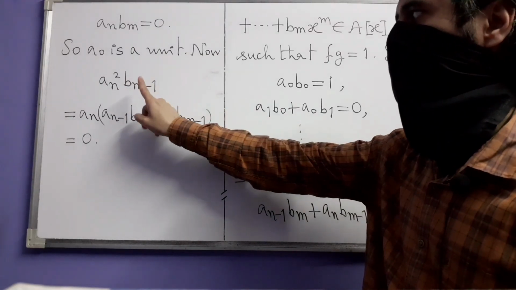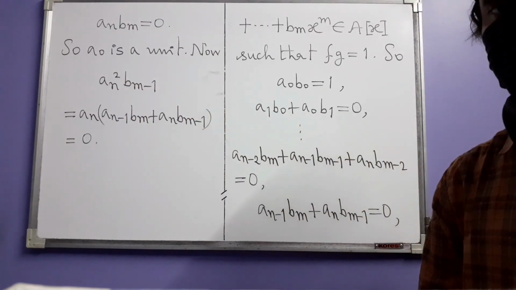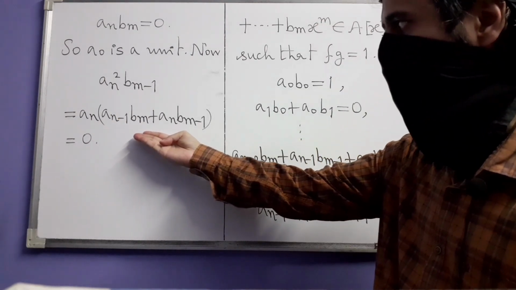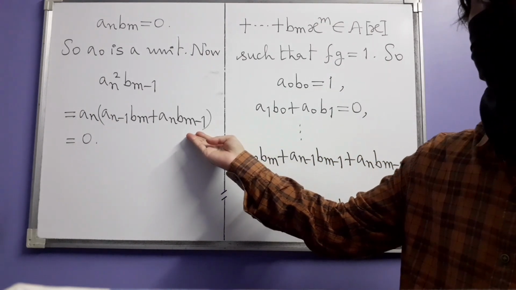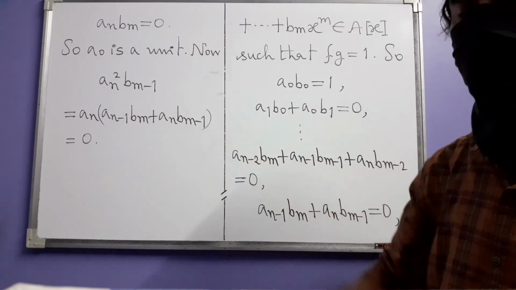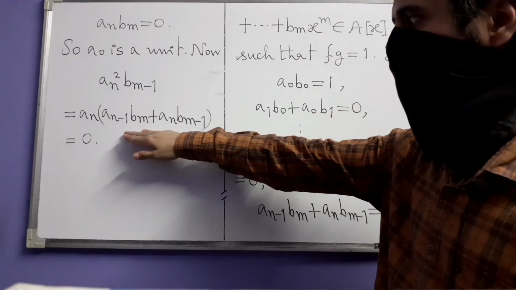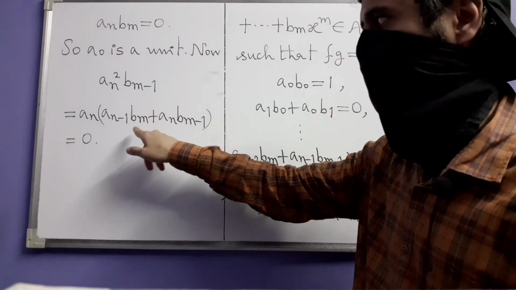an squared b(m-1). In its place we have written an times (a(n-1) bm + an b(m-1)). How? Well, you see from this one, if you do the multiplication, what will you get?